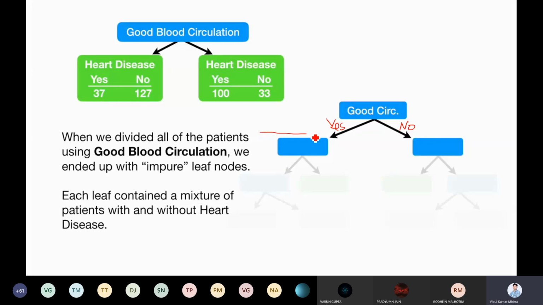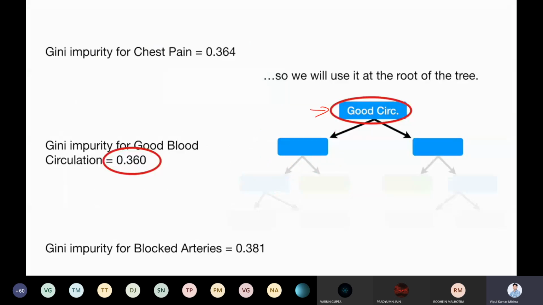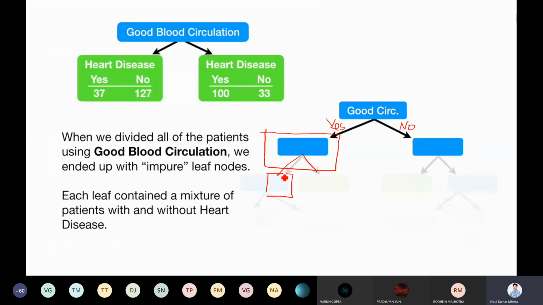Now you have another node, and here we again have two possibilities: one for chest pain and another for blocked arteries. So you have two options, chest pain and blocked arteries.